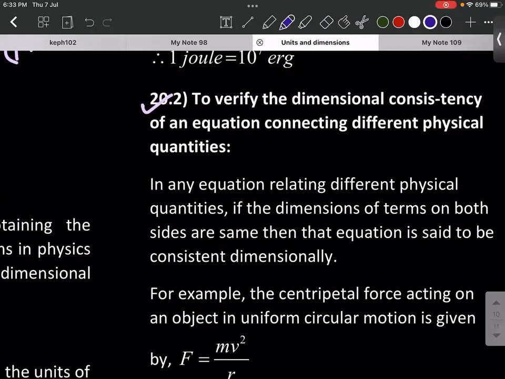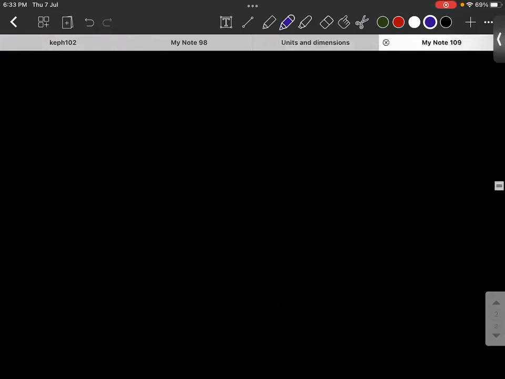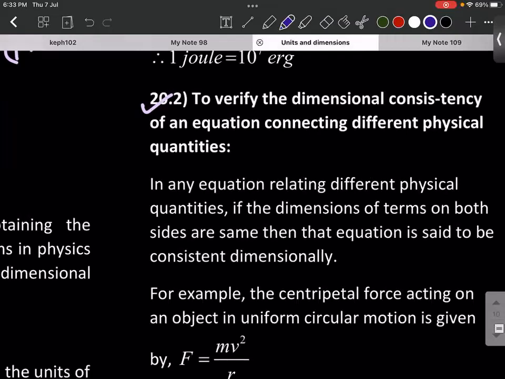It is done to verify the dimensional consistency of an equation connecting different physical quantities.